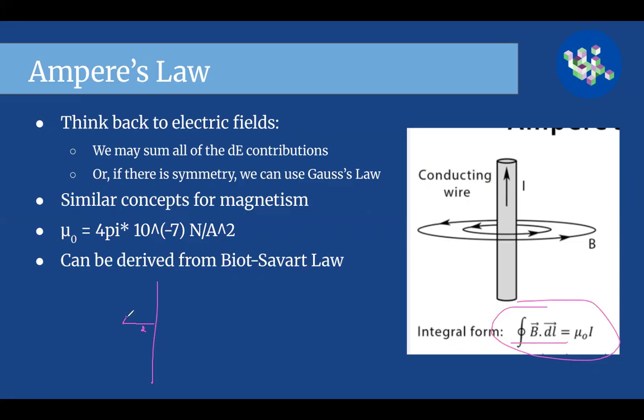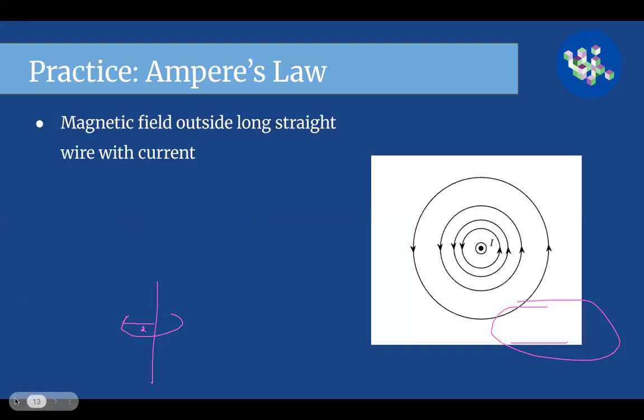Well, I know that the magnetic field runs in circles, right? Actually, let me go to a different screen so that it has a better diagram. Okay, so you can see this is the top view of the infinite wire. Now the magnetic field runs in circles.